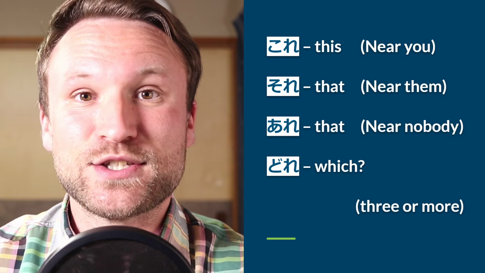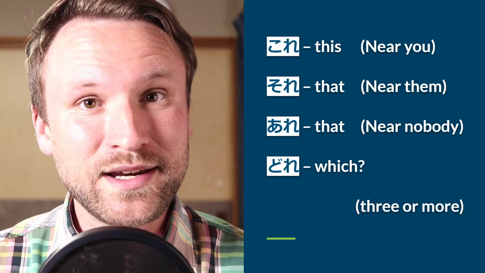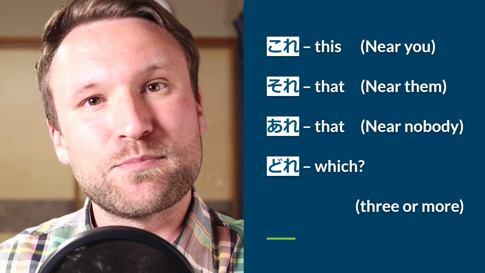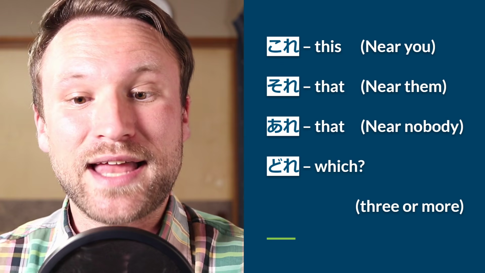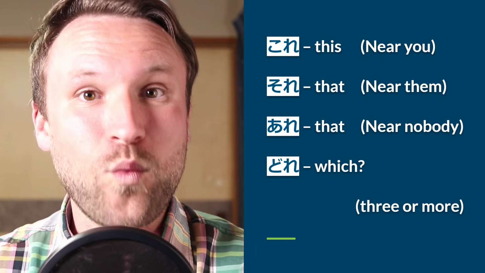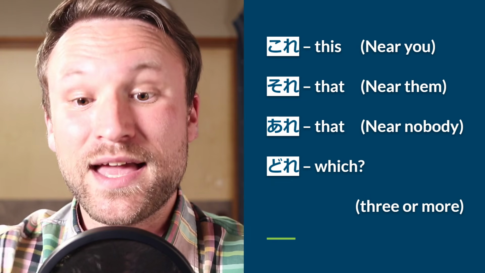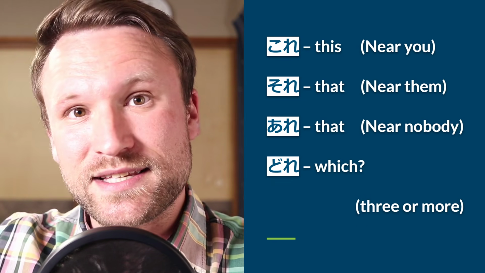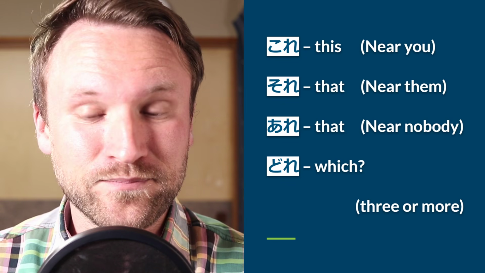That is sore. Now, there's 2 versions of that. One is something that is near another person. So if something was next to, for example, Dan, and I wanted to ask him what that was, I would use sore because it's next to him. Now, if something was off in the distance and far away from both of us, then I would use are.